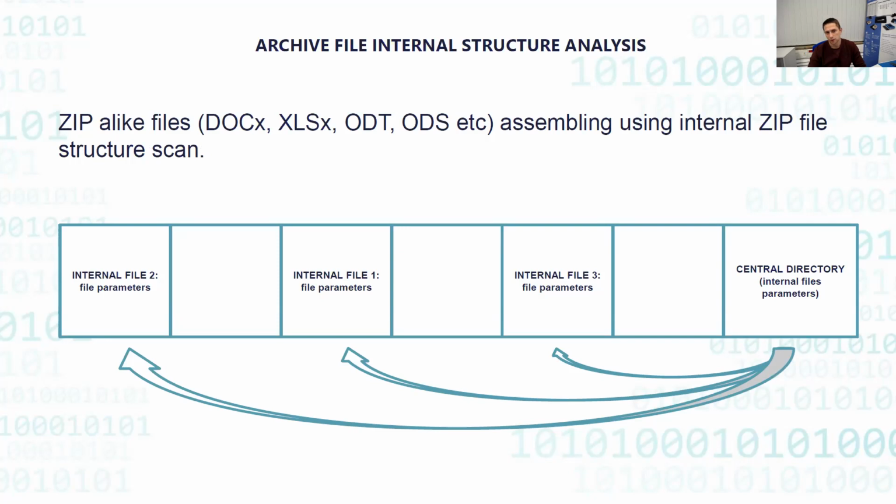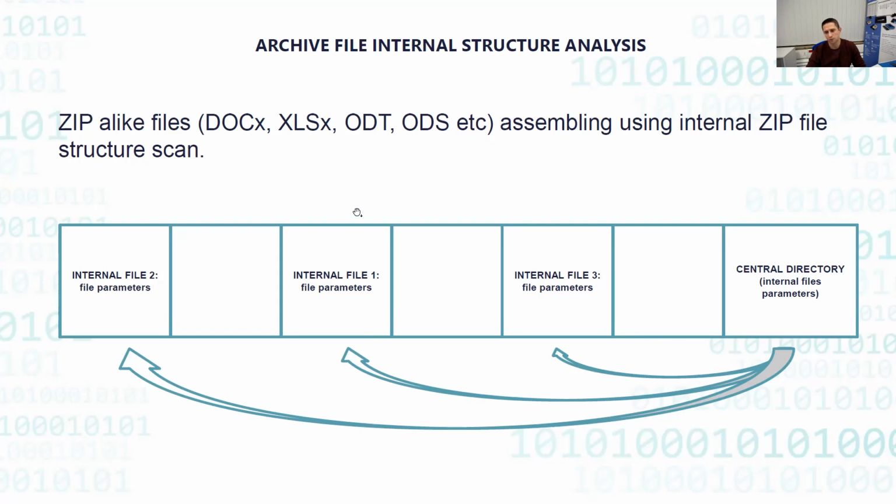That's why this approach is very useful when you recover Office files. On this step, the algorithm scans the whole dump and looks for files that belong to zip archives.